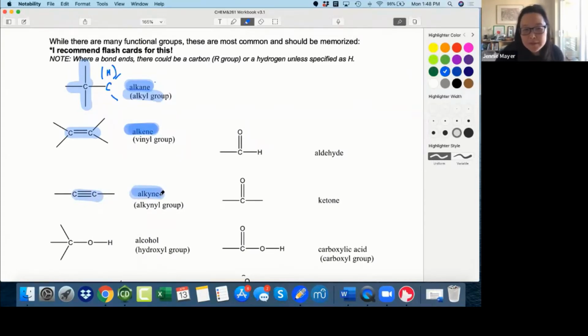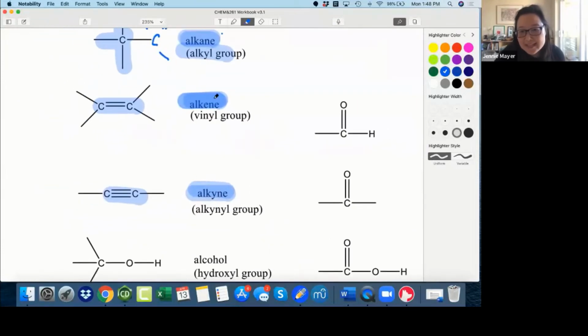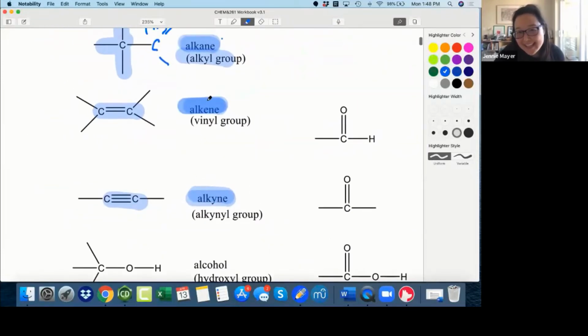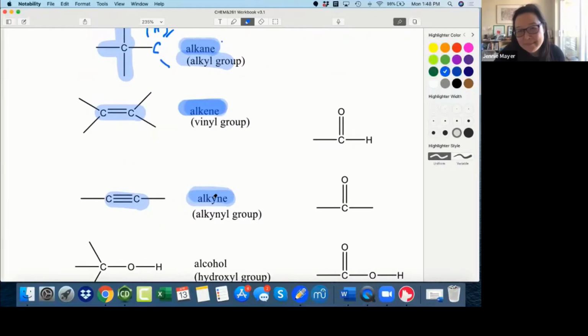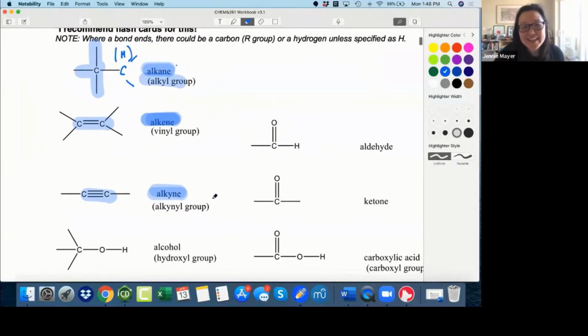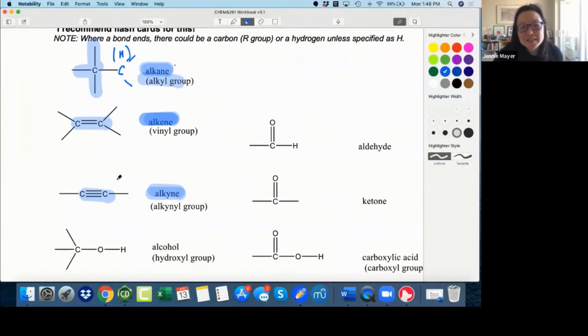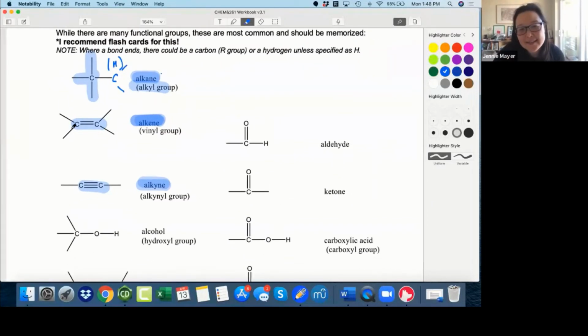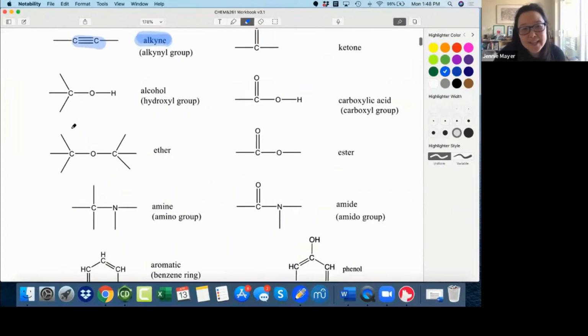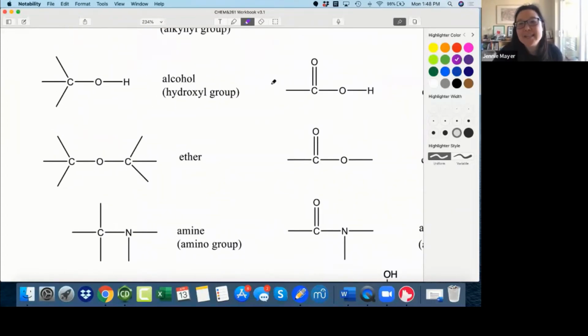So you can see how we're using the language. We're just adding a different suffix, ane, ene, yne, and they mean slightly different things. So I would learn these blue ones together: alkane, alkene, alkyne.